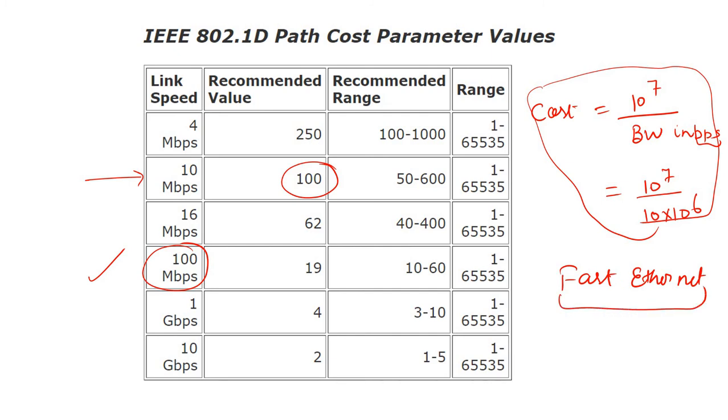But as we now have optical fiber and very high speeds, we have to change this according to IEEE 802.1D, and based on that the path cost has been assigned.